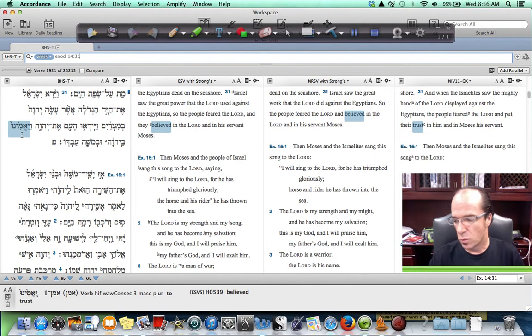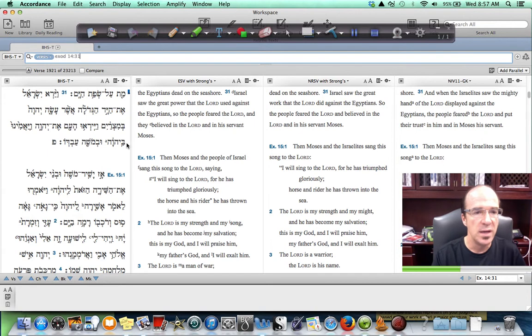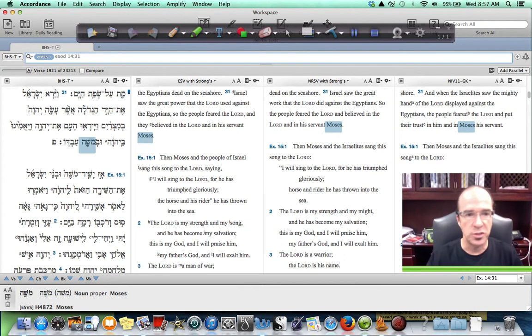And again, consequential force here. And this gives us, again, Israel's response to God's great work. They feared the Lord and they believed in Yahweh. And the verb aman takes its object marked with the preposition bet. So it has a dual object here, with the Lord and with Moses.